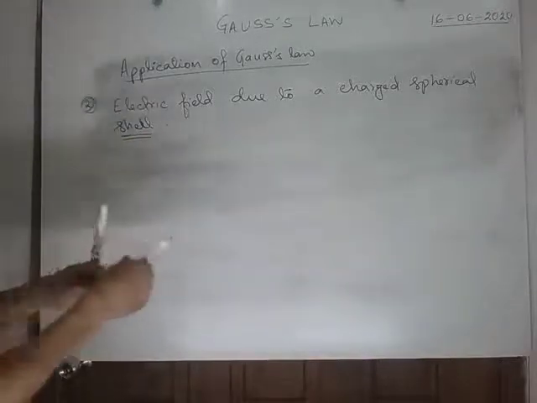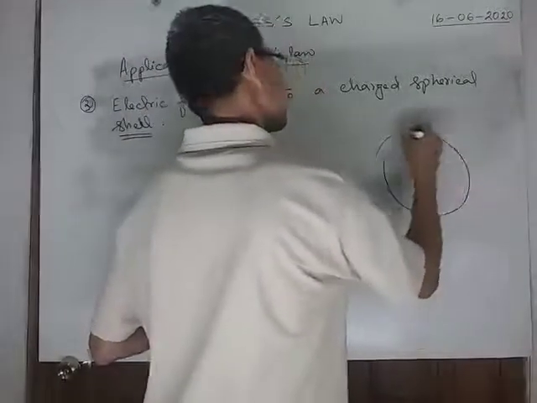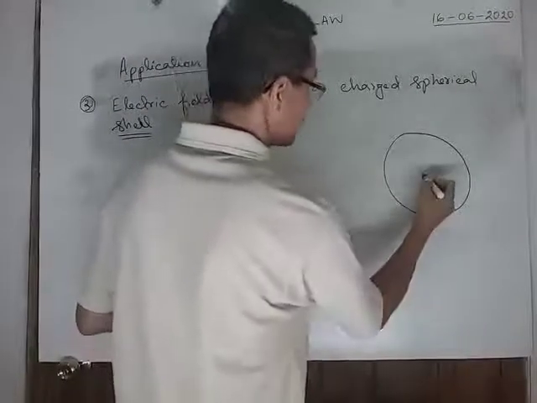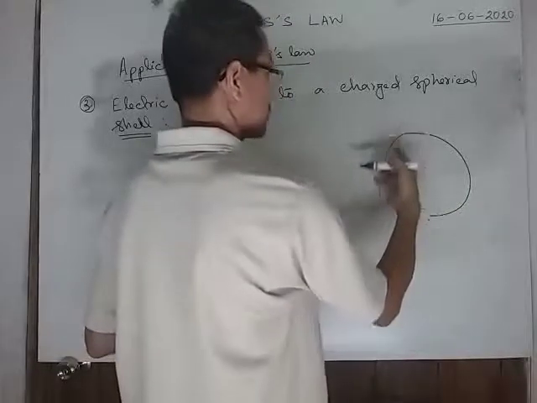So let's take it that this is a sphere whose center is here at O, and this is the charged spherical shell.